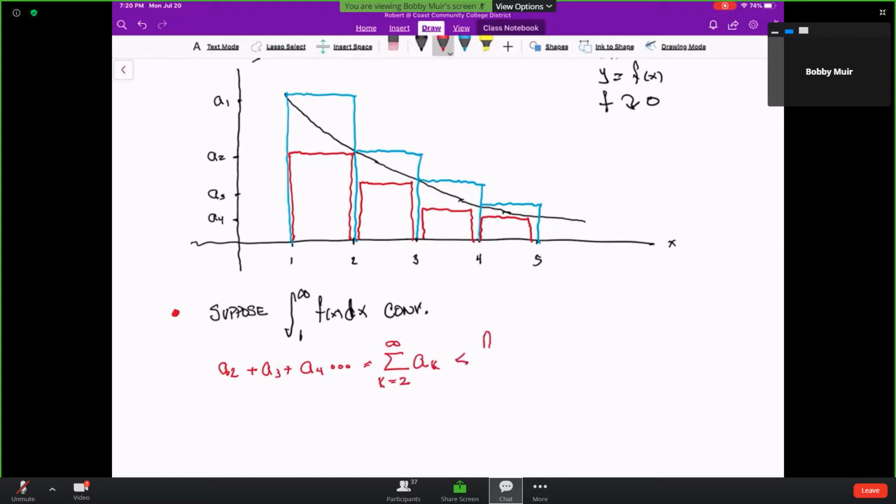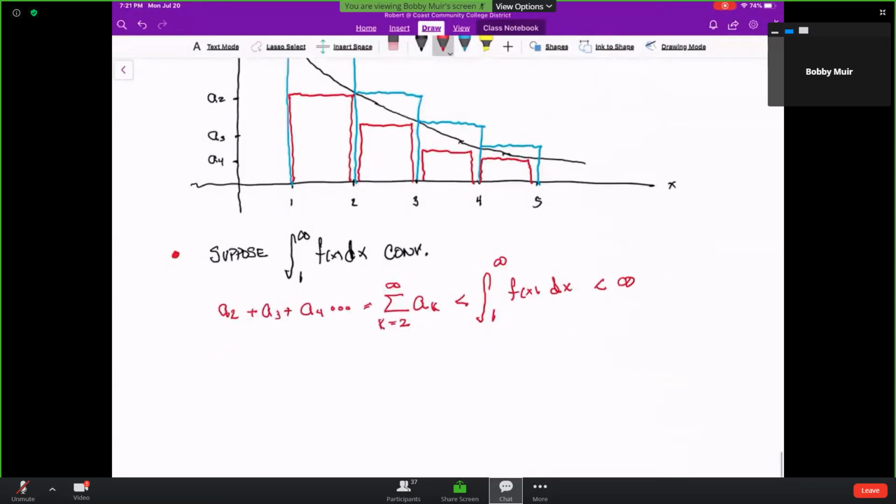This is smaller than the integral from 1 to infinity of f of x dx, which we know is finite.